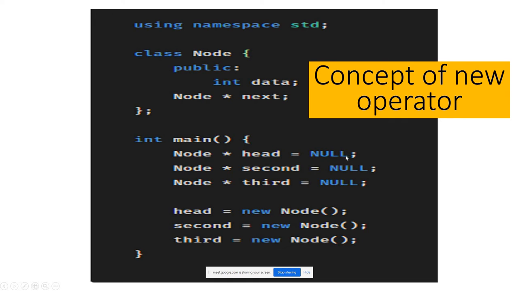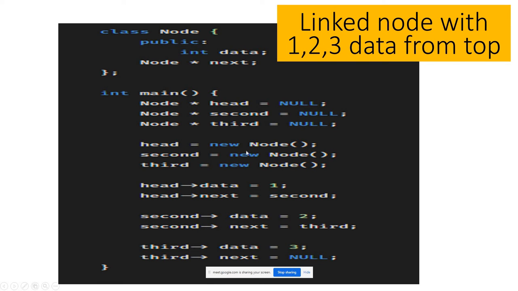Right now null is nothing but 0. So now you say head is equal to new node, it creates a new node in the name of head.